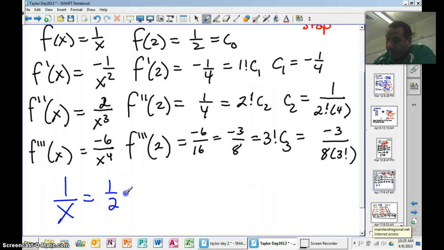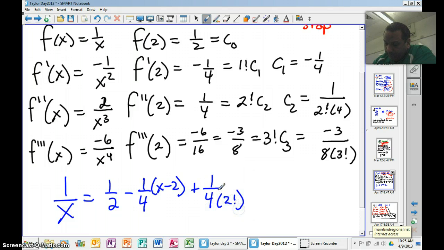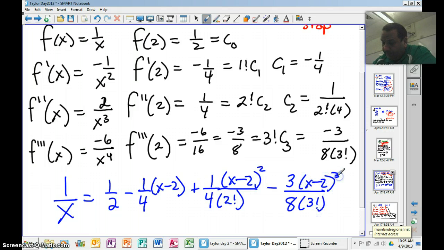So it's 1/2 minus 1/4 times x minus 2, then plus 1/4 with 2 factorial on the bottom of x minus 2 quantity squared, and then minus 3 over 8 times 3 factorial of x minus 2 quantity cubed. That's it.